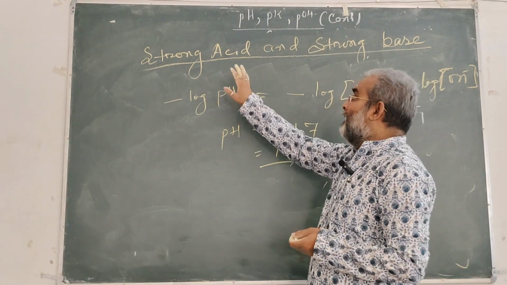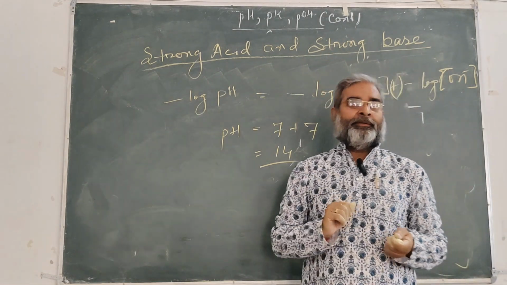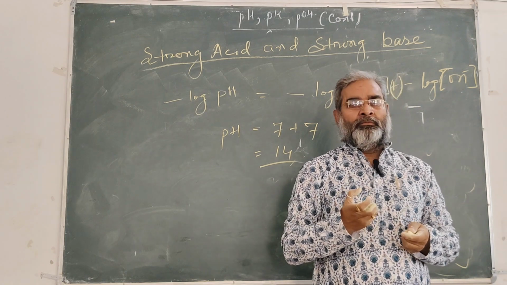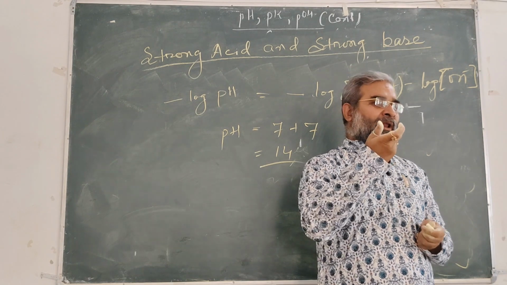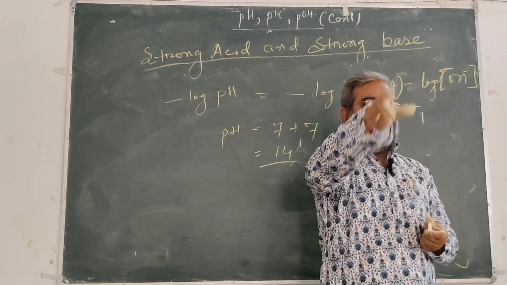And here, what is the word? A strong acid and a strong base. A strong acid, what does it mean? That means 100% of the molarity of H plus is ionized when we add the water.